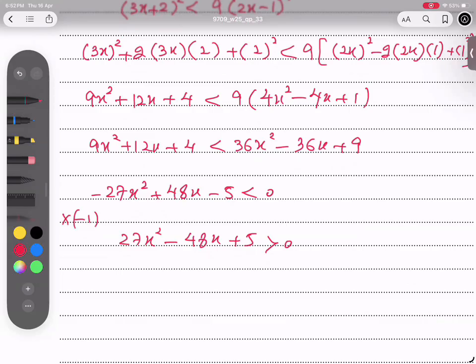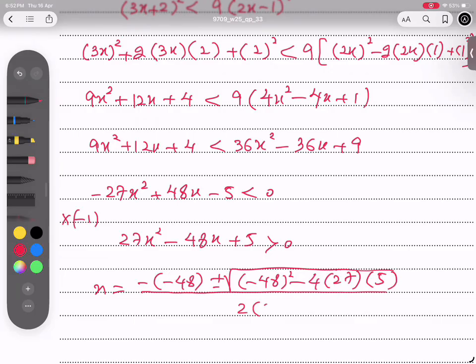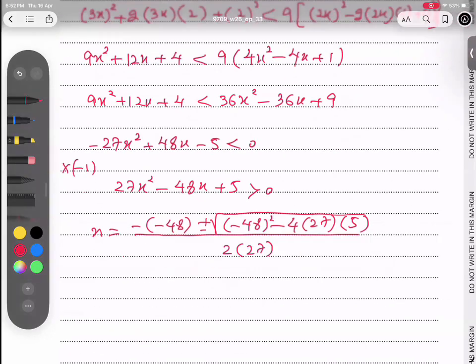And at minimum one time you must show negative b plus and minus square root of b square minus 4ac. This is enough. No need to show further working, and directly write the answers.